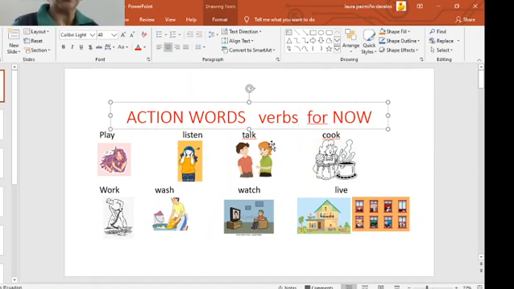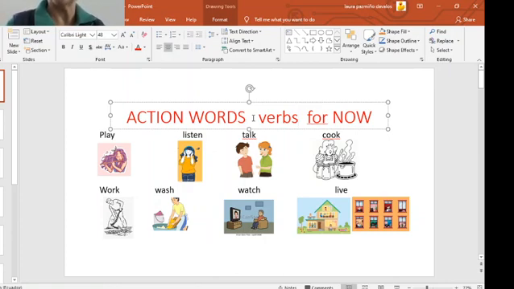Okay, class, we need to practice these words. Now I would like you to take a look at this information. These are called action words and are also called verbs.